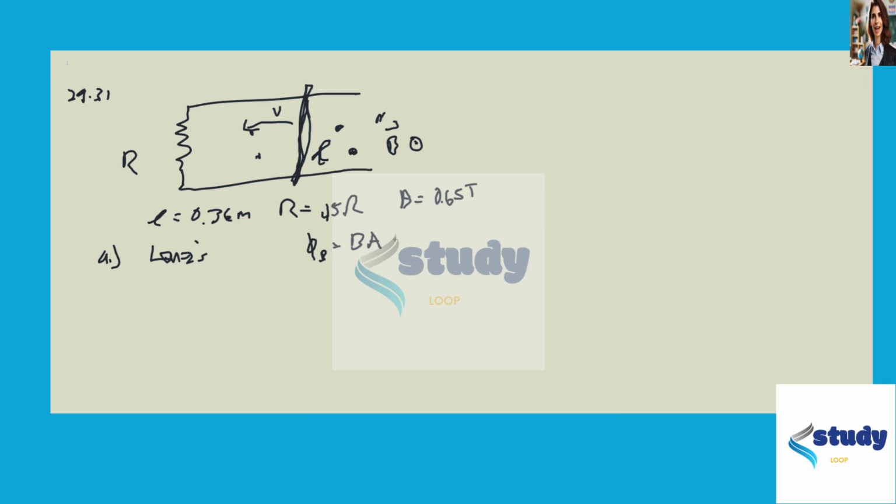The B field is constant, right? But as the velocity moves to the left, this loop of our circuit is decreasing. That means our flux is decreasing. So if our flux is out of the page and decreasing, to oppose that, the induced magnetic field must be out of the page.